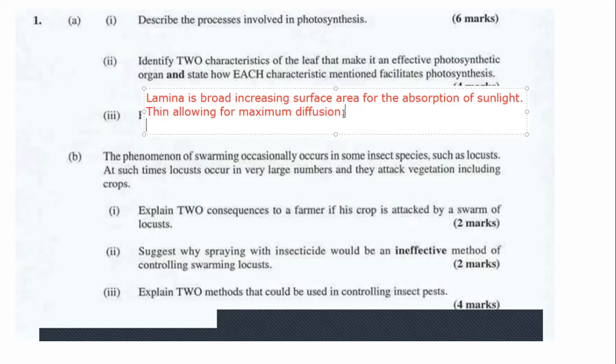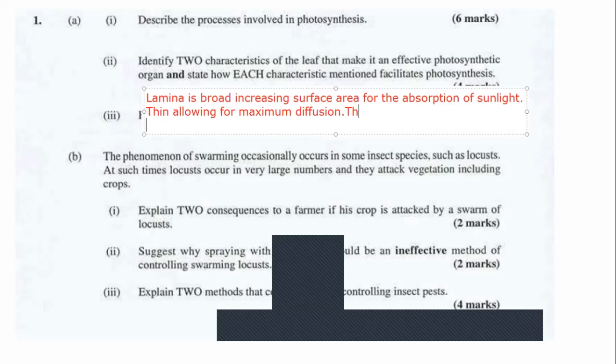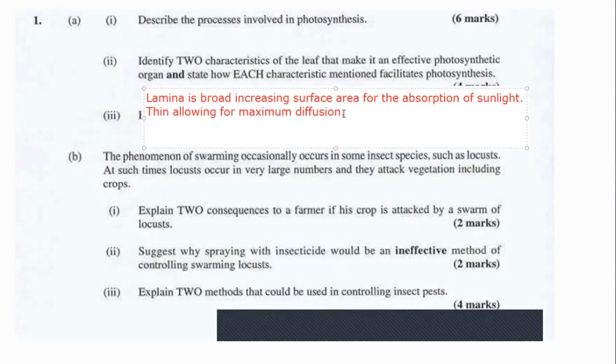Miss, the cells at the top are transparent, which allow the light through. What layer is that? The epidermis. The epidermis is transparent and allows the light to flow straight through to the chloroplast.